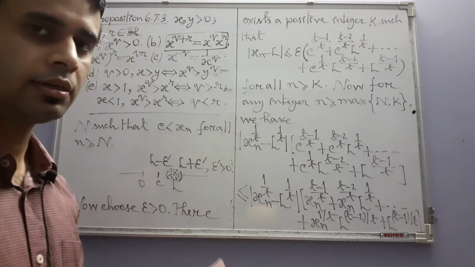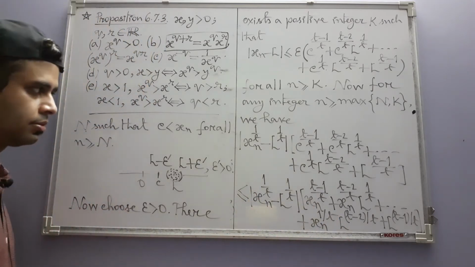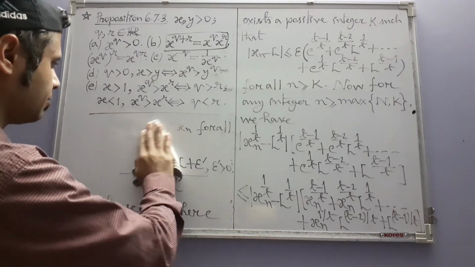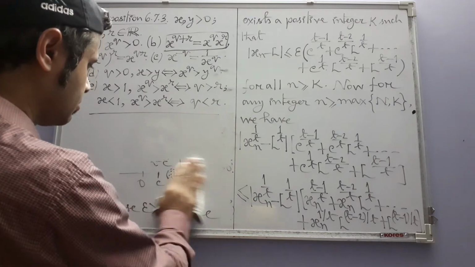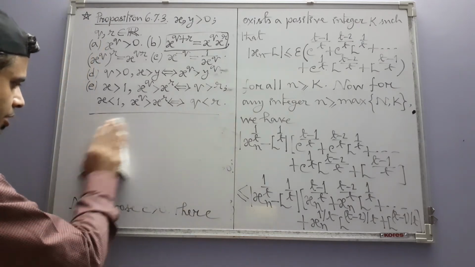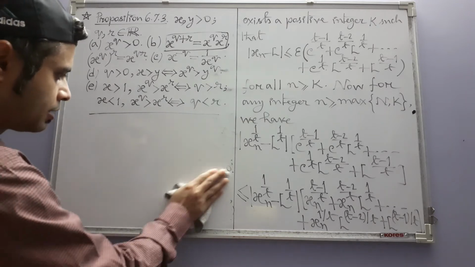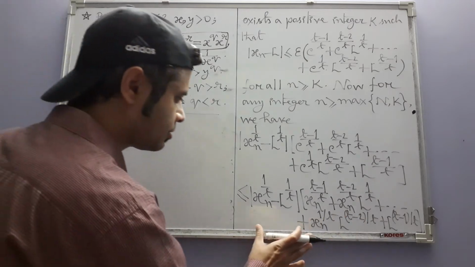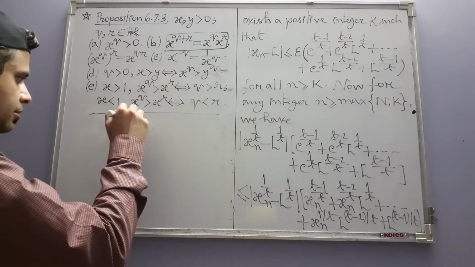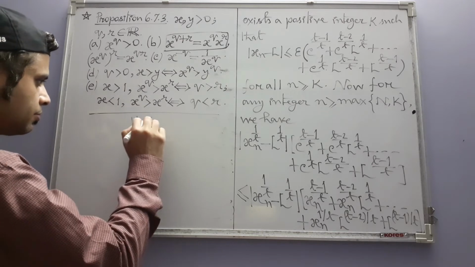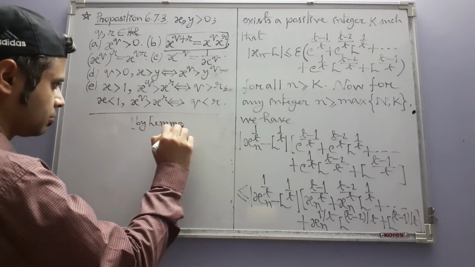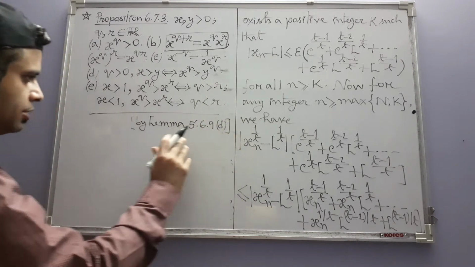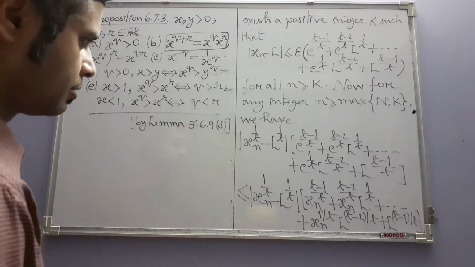We have written xn in place of c, and the justification for that comes again from Lemma 569. But which part? Part D, I think. Ideally I should have written that here, but let me just write it here. By Lemma 569 D. You just go to this and you will understand why we can.